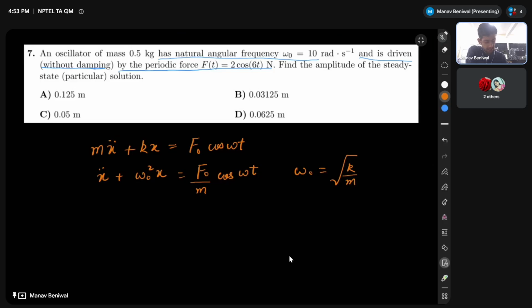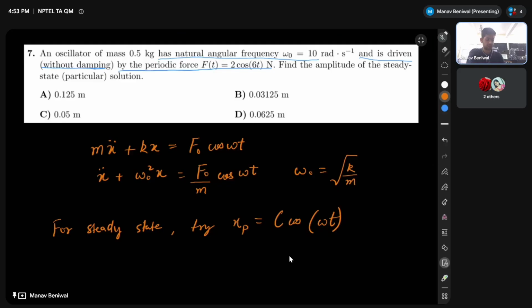Okay, so for steady state, we have to find out the steady state. Let's try that x_p is some C cos omega t.